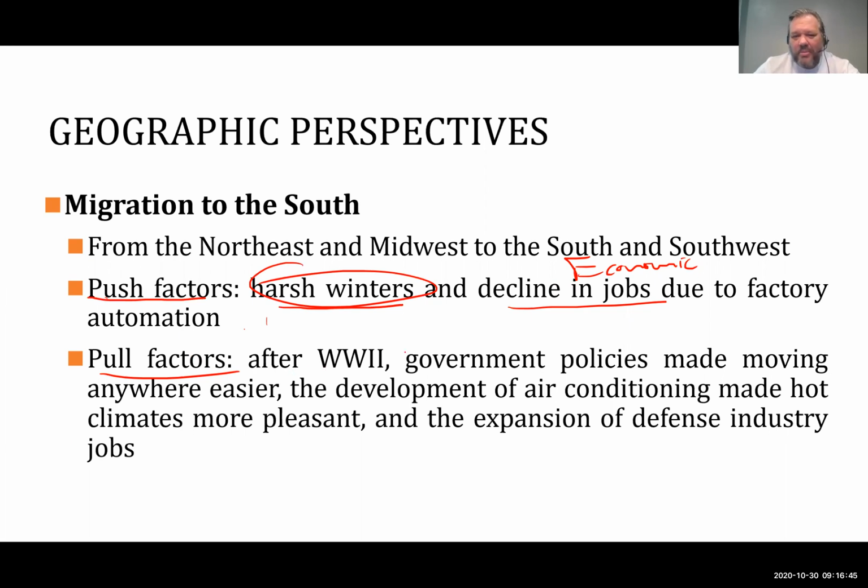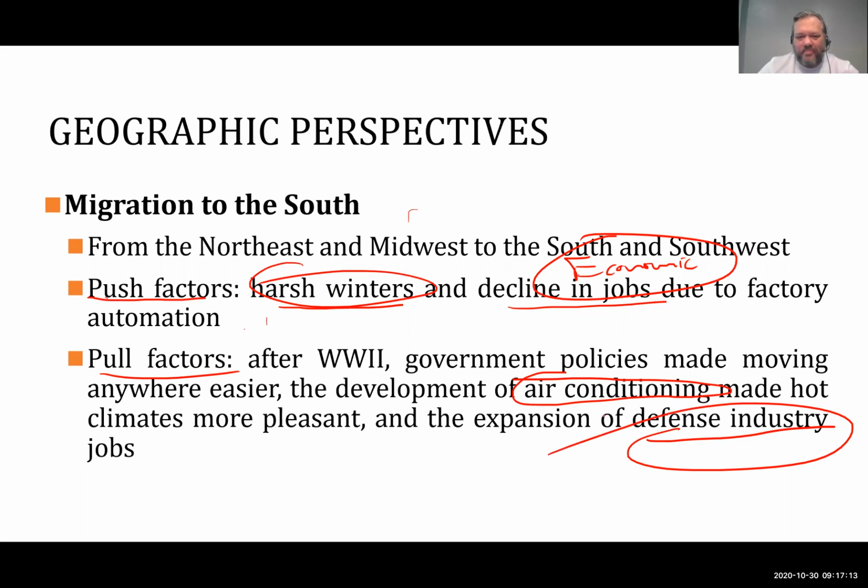After World War II, the government policy made moving anywhere easier, and so people decided, hey, we can go to the south now because they do have air conditioning. Because even though Tucson summers are not very pleasant, we do have air conditioning, and so we just stay inside a lot. And also, the defense industry, a lot of those manufacturing jobs are in the South. And so, again, you can see economic up here and economic down here. And also climate for that.